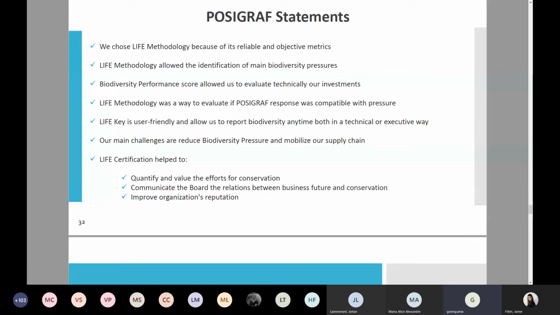So what we found in LIFE certification was a very robust and effective way to make our customers and stakeholders understand that at Posigraph we were very serious when we talked about preserving biodiversity.